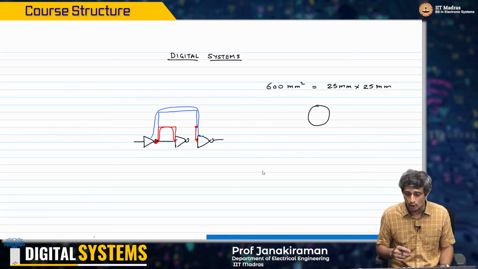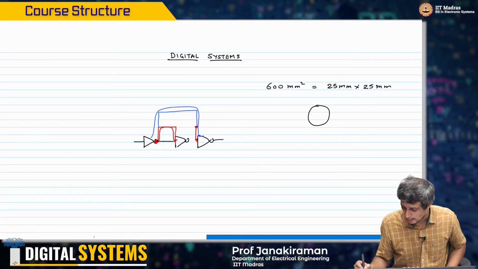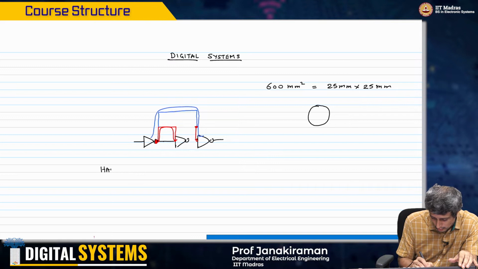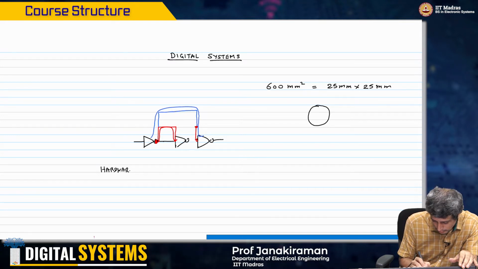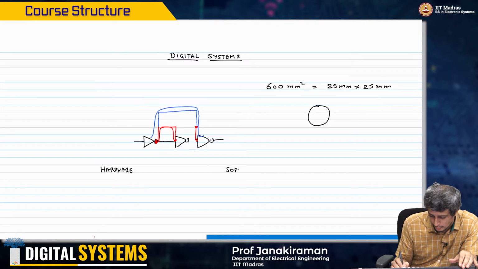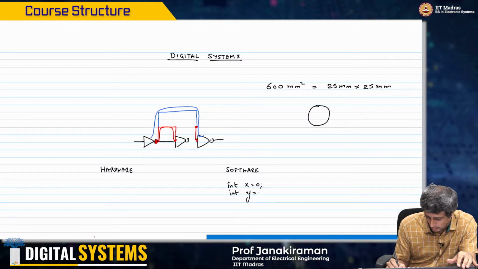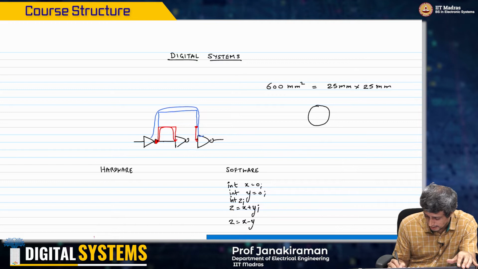Now this is a very important fundamental thing that differentiates hardware from software. Let us say in software you write int x equal to 0, int y equal to 0, int z equal to x plus y, then z equal to x minus y.